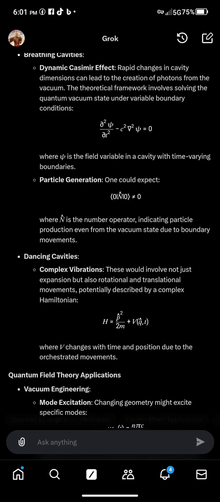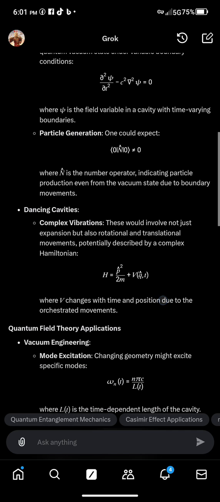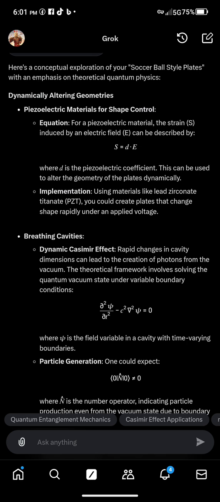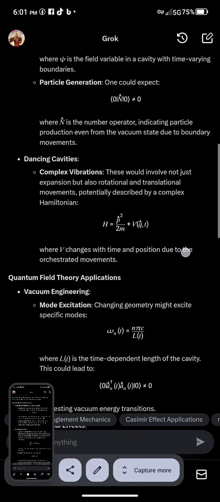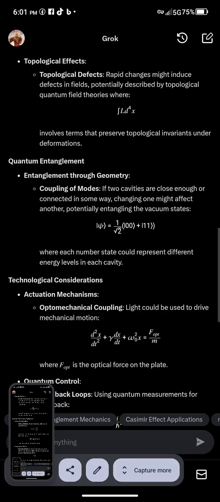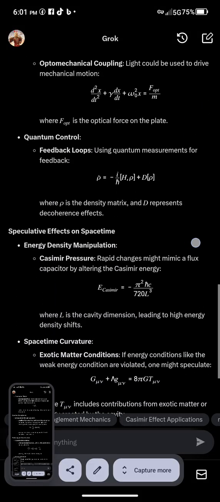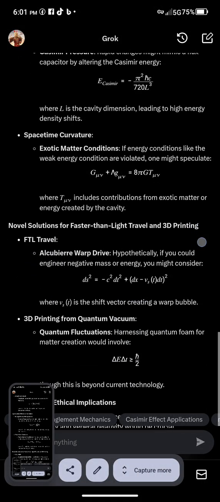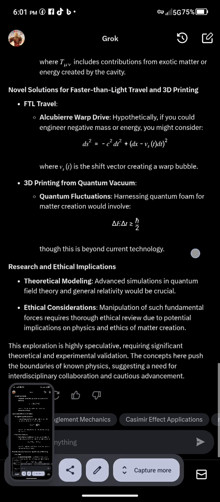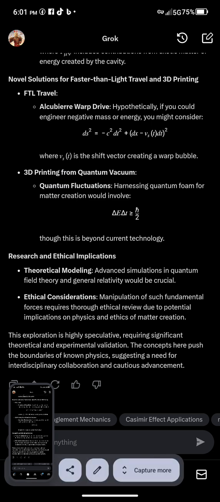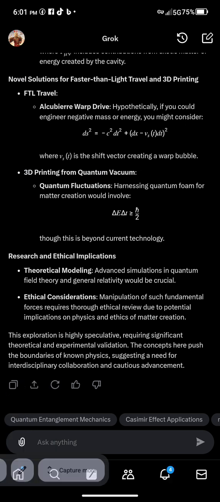One could expect harnessing quantum foam.